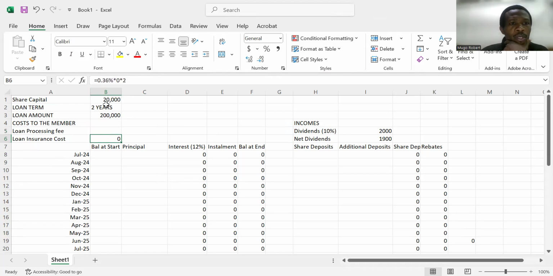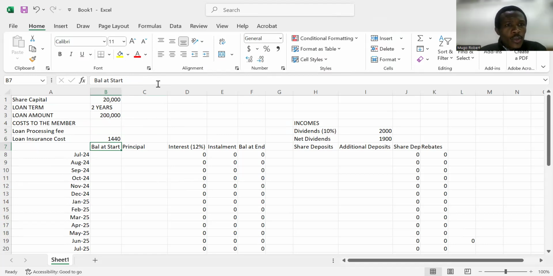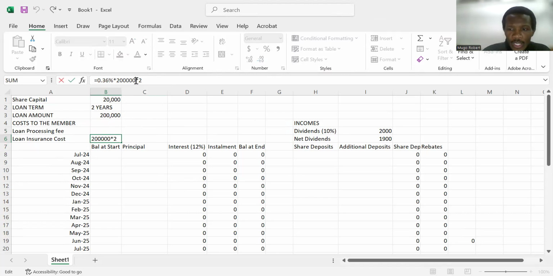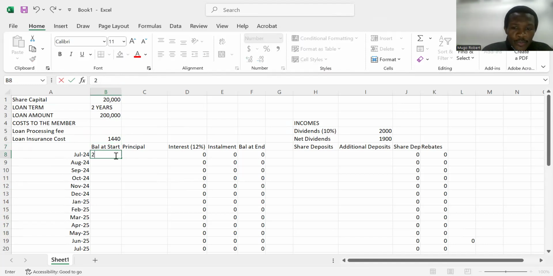So we shall have 0.36% times 200,000 times 2 years. Let me use this correctly so that I may not make any error. So you pay a loan insurance cost of 1,440.